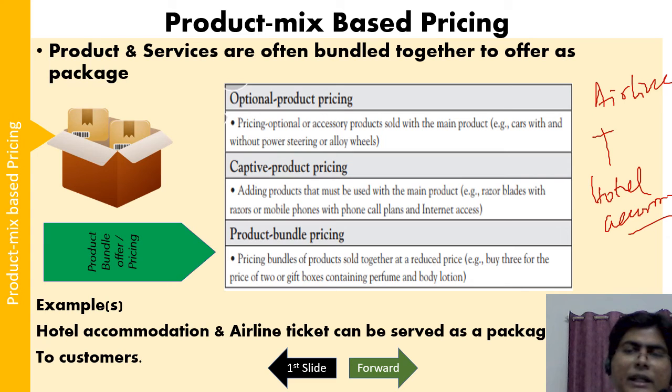Sometimes we see that in a five-star hotel, if we take the buffet lunch and breakfast together with the hotel tariff, it is a little bit cheaper. Otherwise, if we take all the services, let's say lunch and dinner, individually, then they will be charged fully. So in that case, the buyers will be charged a little higher than the package price.